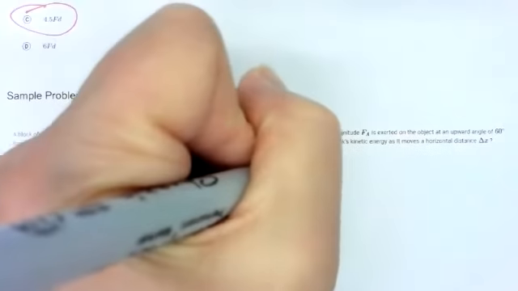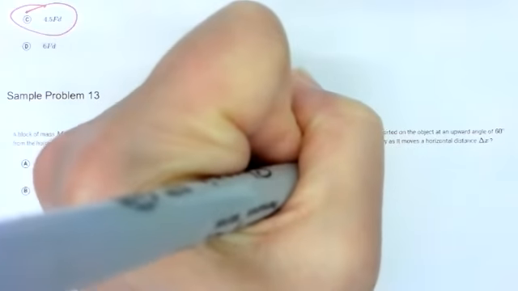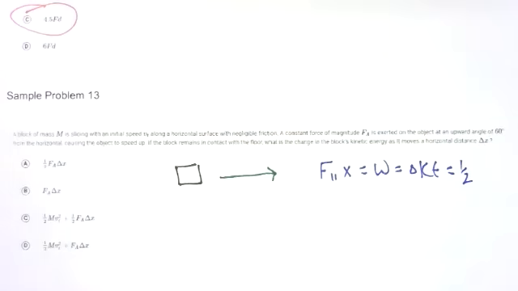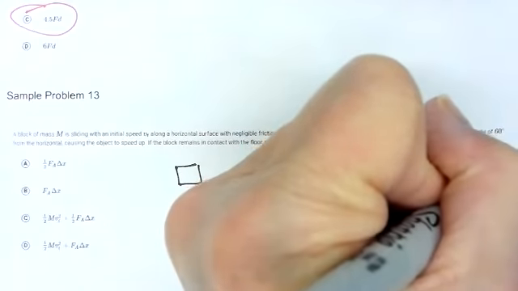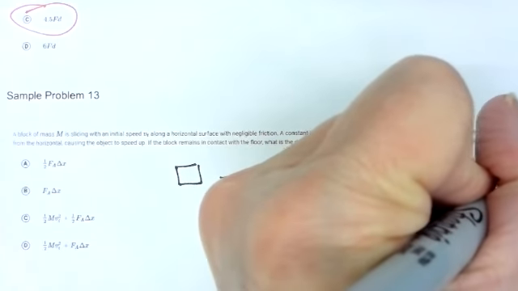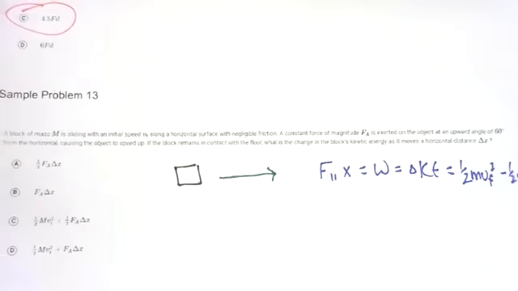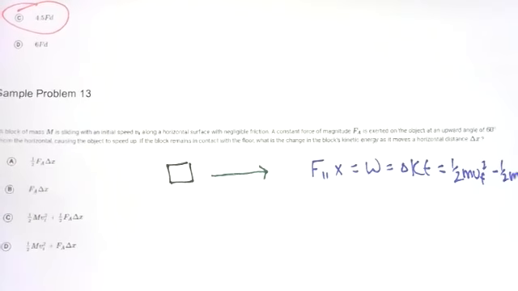All right, so my force parallel times x equals work equals delta KE equals 1/2 mv final squared minus 1/2 mv initial squared. Okay, you get the idea. And what we know, so what are our knowns?